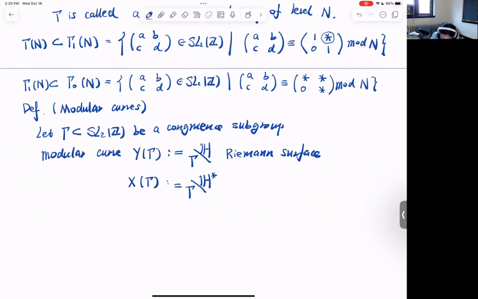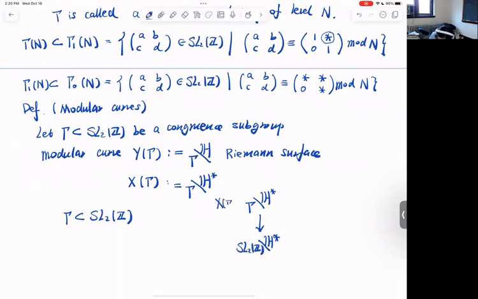The point is that gamma is inside SL2Z, so the extended upper half plane mod out by gamma naturally covers the extended upper half plane mod out by SL2Z. This means that X of gamma is a finite cover of X01.